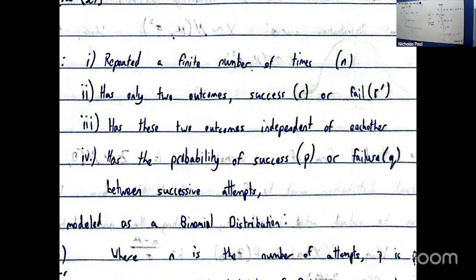We call the probability of a success P and the probability of a failure Q. Q will be 1 minus P. So just make a note of some of this.